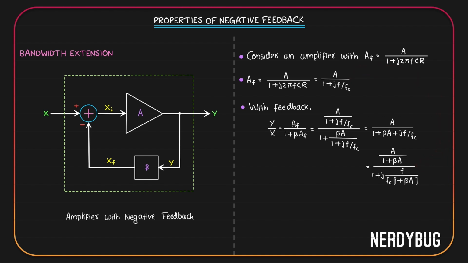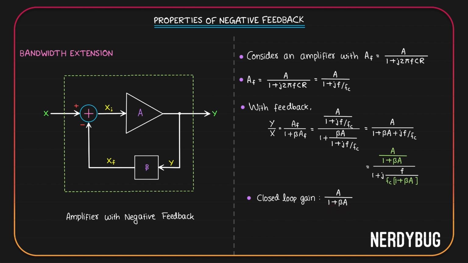Two changes have happened. A became A divided by 1 plus beta A. Fc became Fc multiplied by 1 plus beta A. So with feedback, closed loop gain becomes open loop gain divided by 1 plus beta times open loop gain.